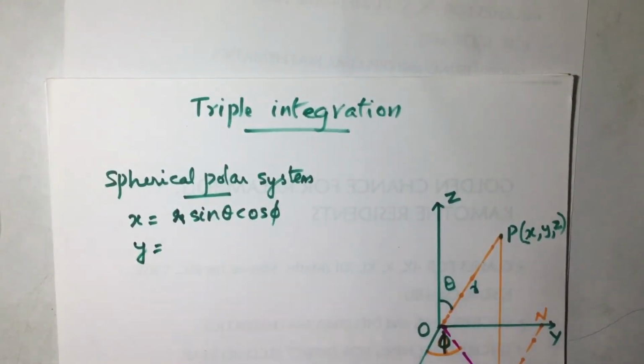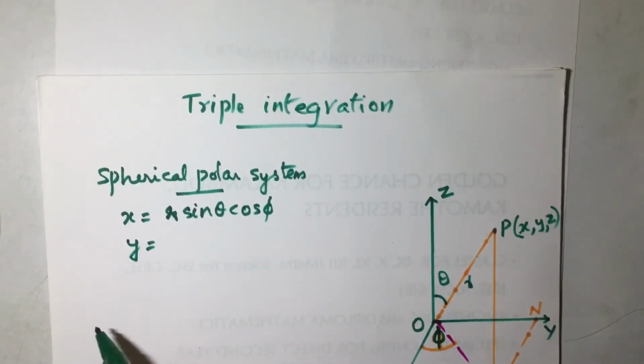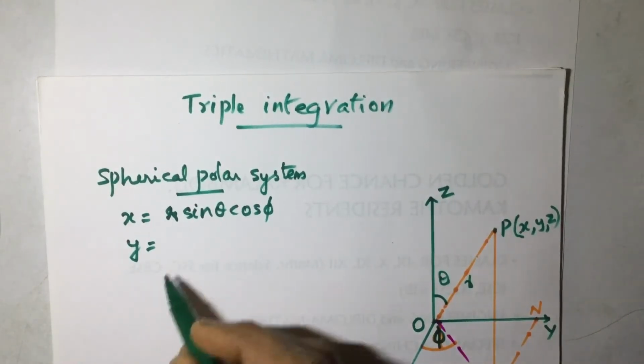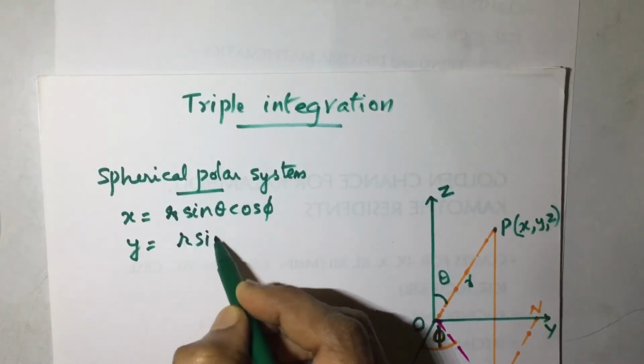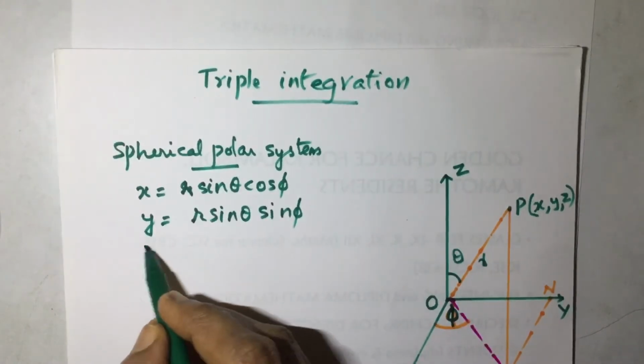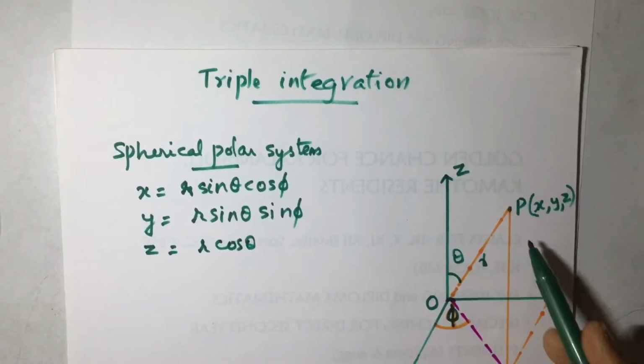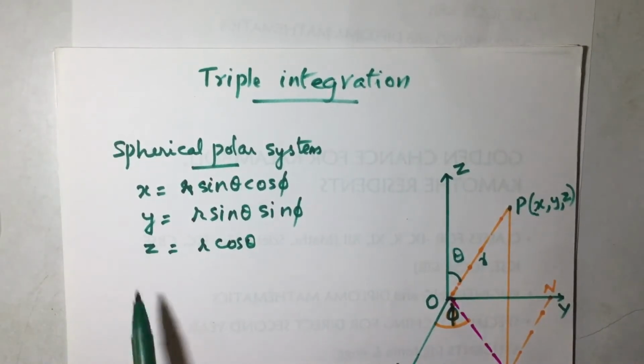Here x means this OL, that will be r sin theta cos phi, then y, that is ON, y will be r sin theta sin phi, and z will be r cos theta. Okay, z means this perpendicular PM will be r cos theta in the spherical polar system.